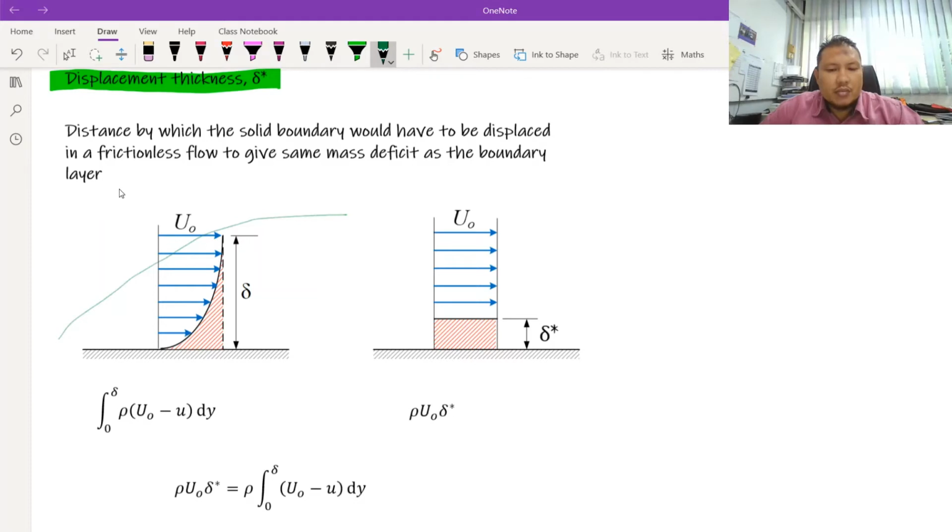Actually, what the definition of this displacement thickness is, we can define this as the distance by which this solid boundary here is increased.